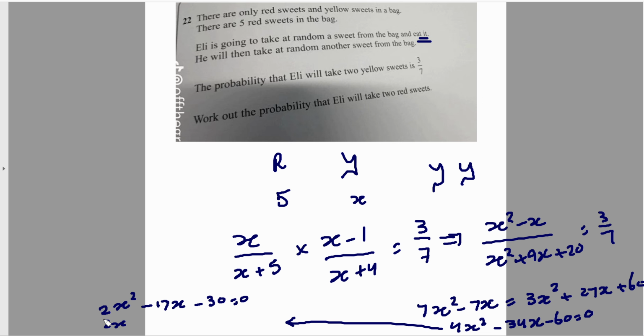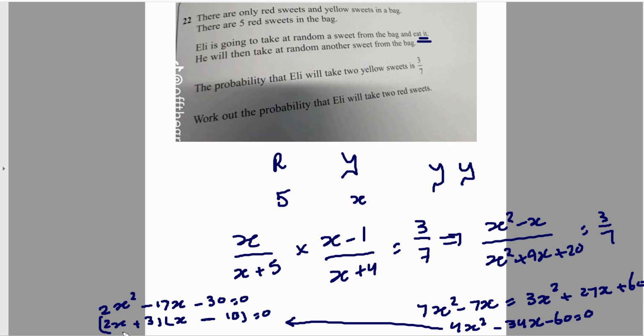Factorize, so to get 2x. Of course, you can go for the long factorizing, the hard way. So it's going to be x here, and 10 here and 3 here. That's a negative 1, that's a positive 1.